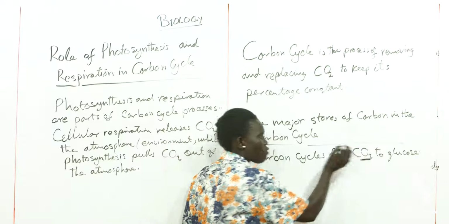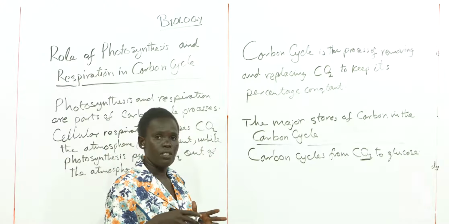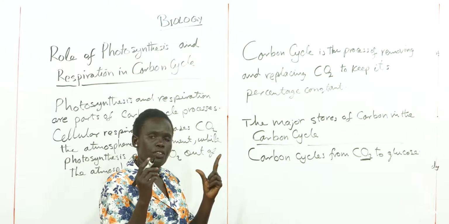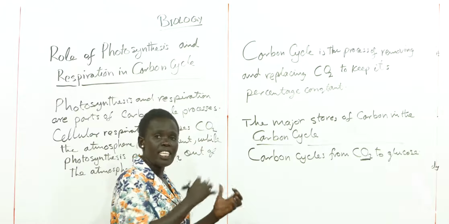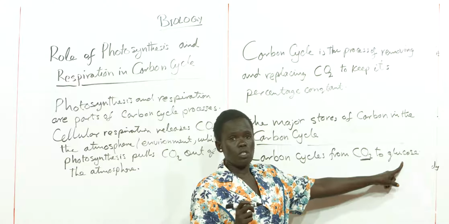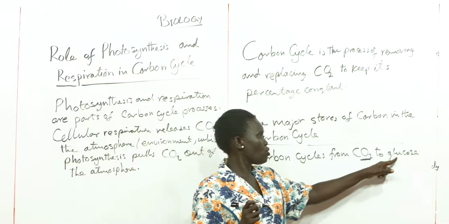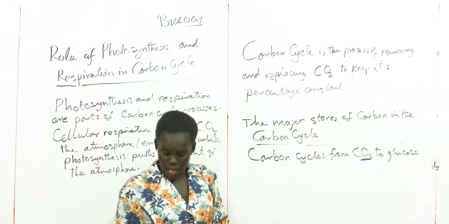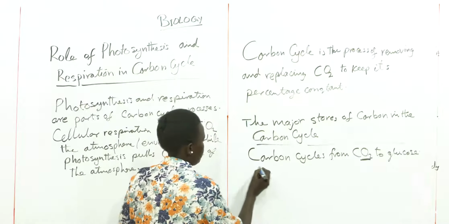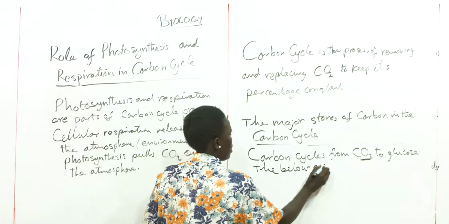And this carbon dioxide is found in many places. It is released from those places, goes into the atmosphere, and again it is pulled out to be changed into glucose. That's why it says here, carbon cycles from carbon dioxide to glucose. And these are the stores.